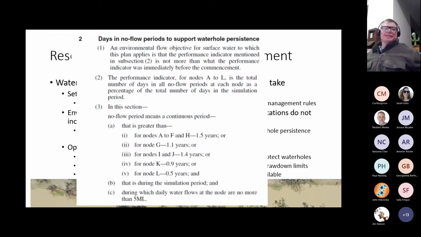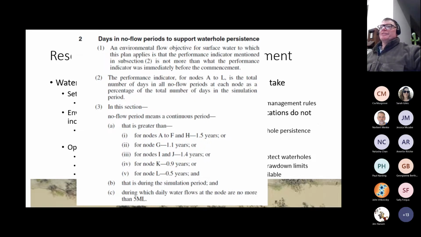So this is how that gets codified into an EFO. This is from the Condamine Balonne water plan. They do tend to express it in terms that the cryptic crossword aficionados amongst you would appreciate.